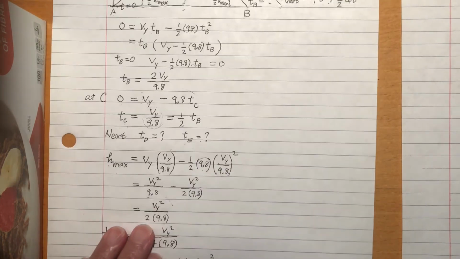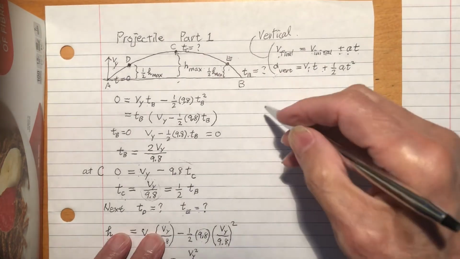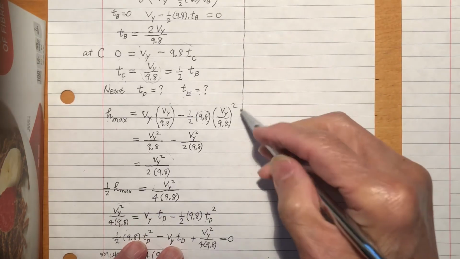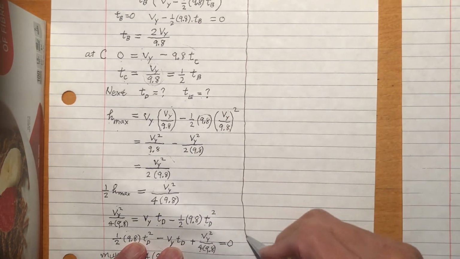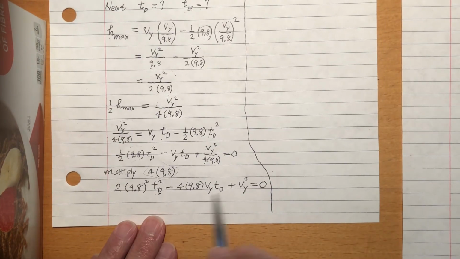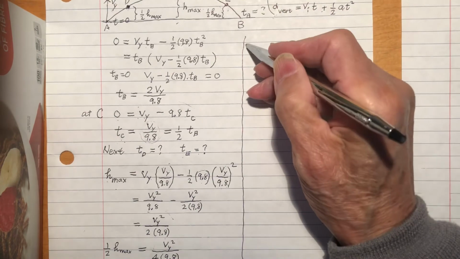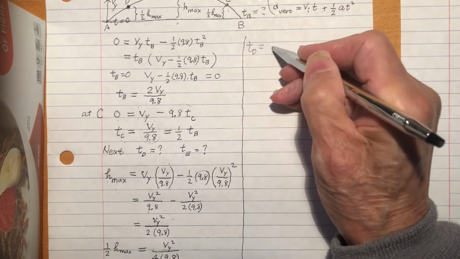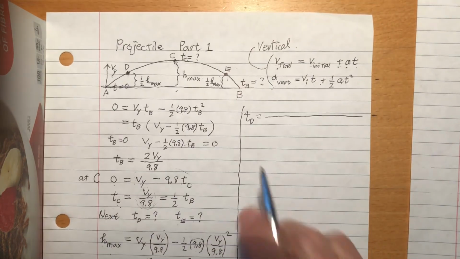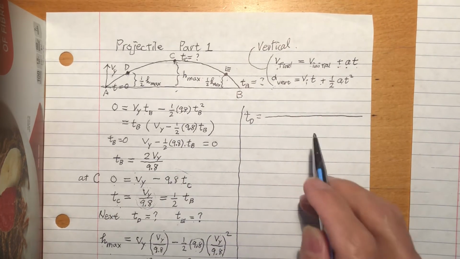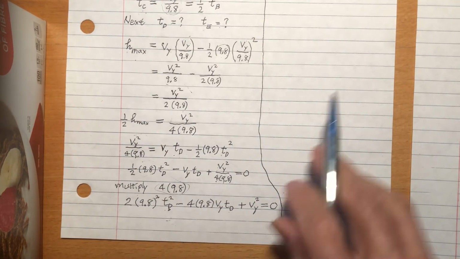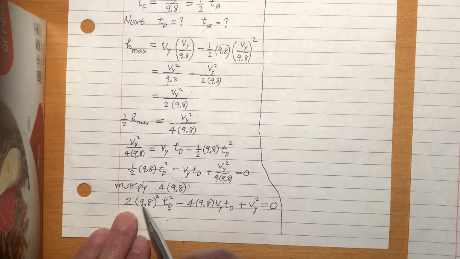All right. Let me write here. So what is TD? Now TD, use the formula. TD is, the denominator is 2a, 2 times a, 2 times 2 times 9.8 squared.